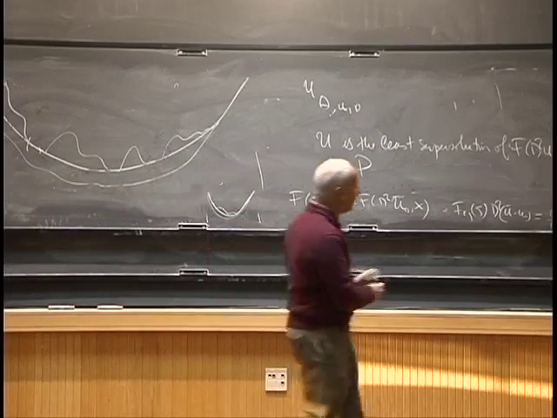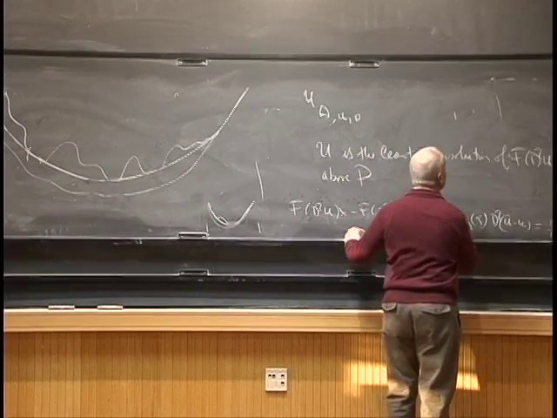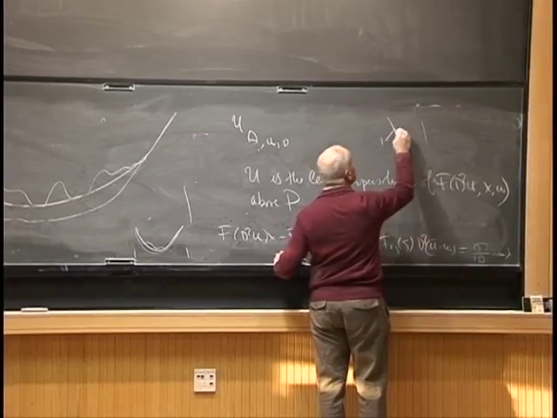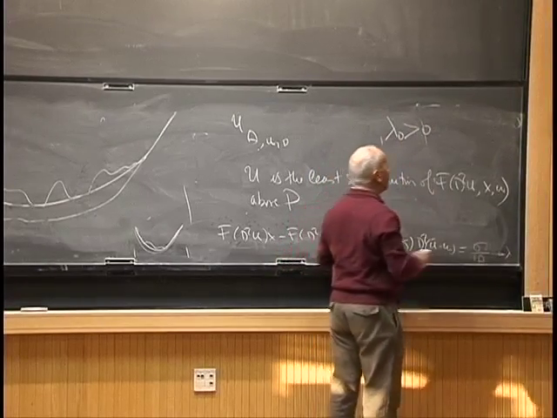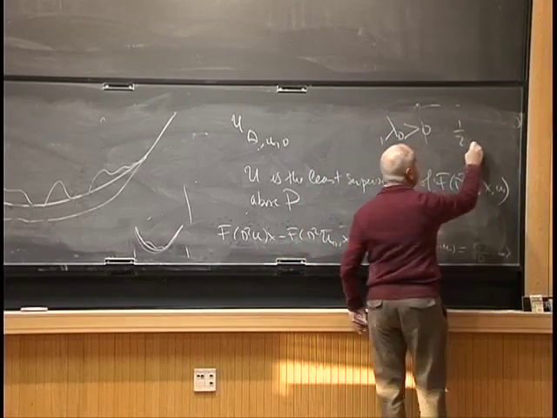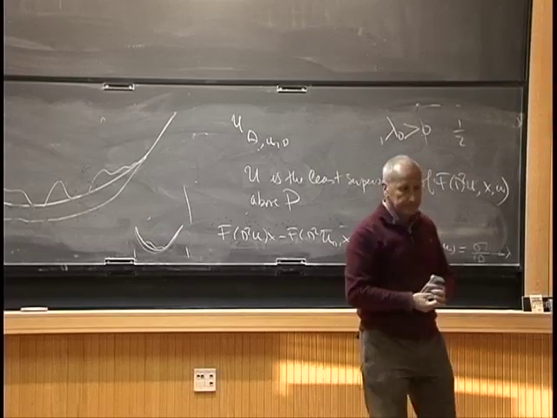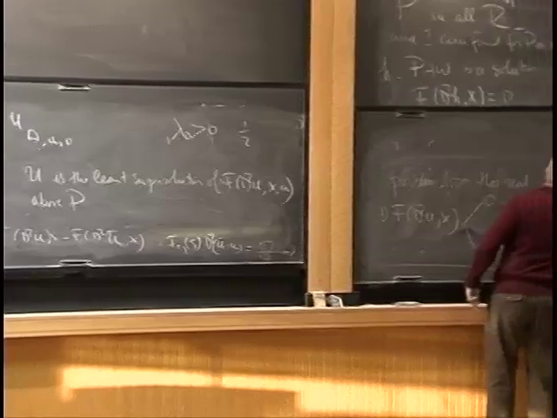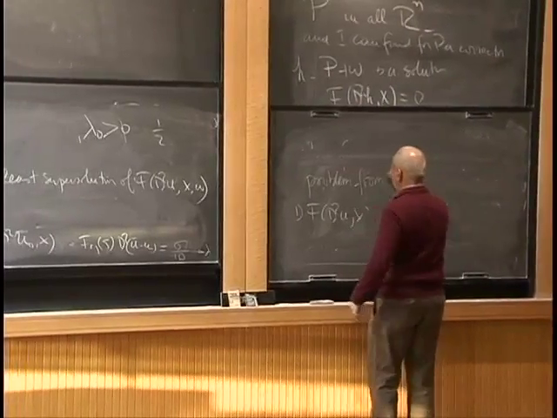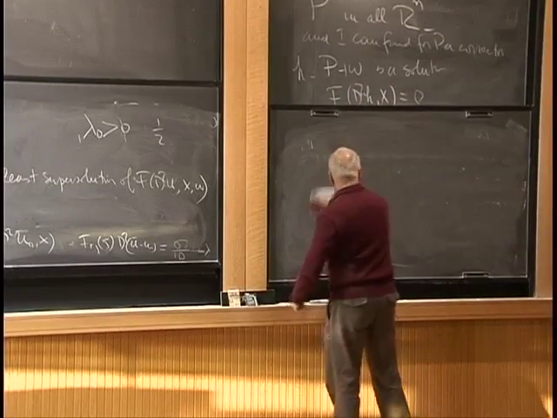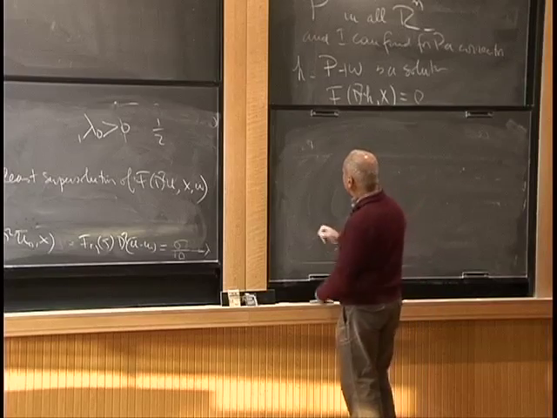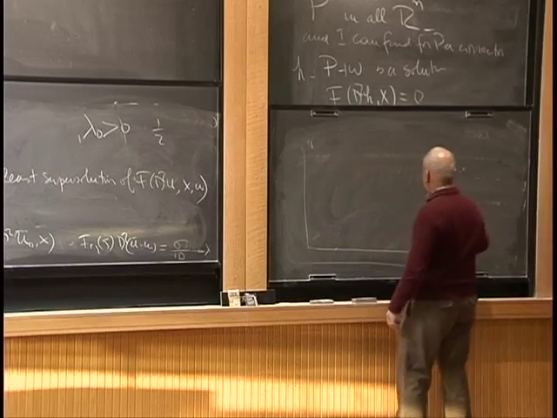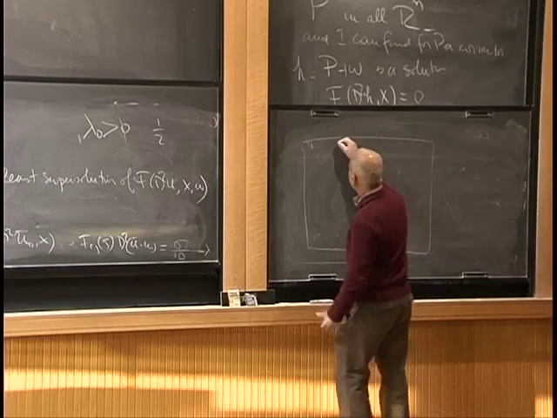So suppose that we are converging to a lambda 0 bigger than 0. Let's say 1/2. And now let me take a large cube and divide it in many parts.